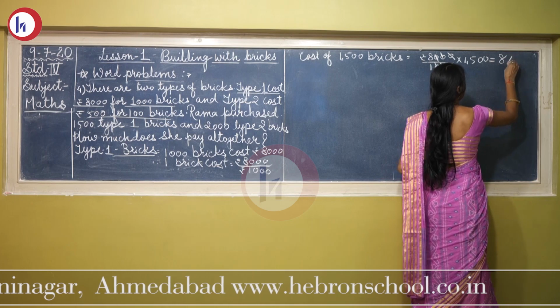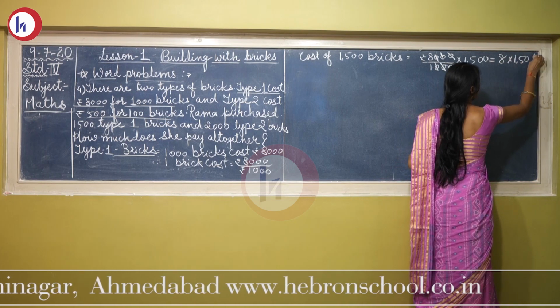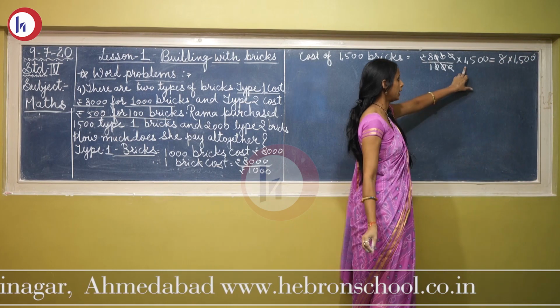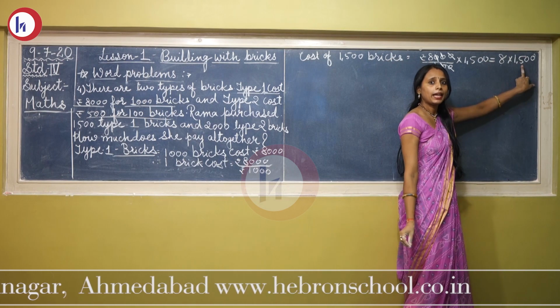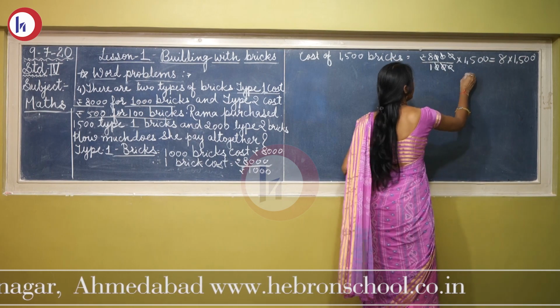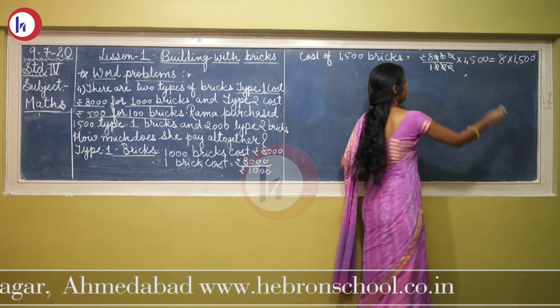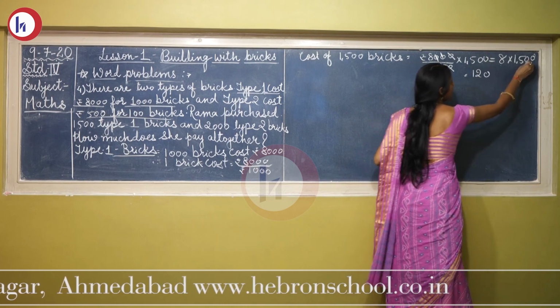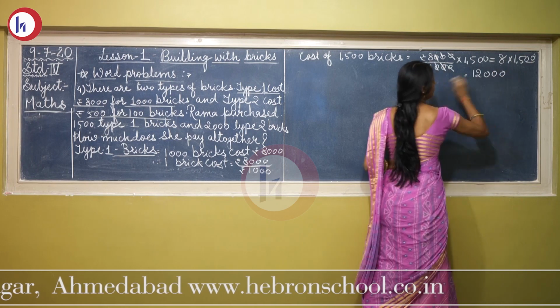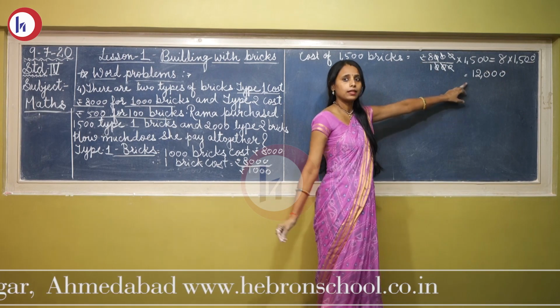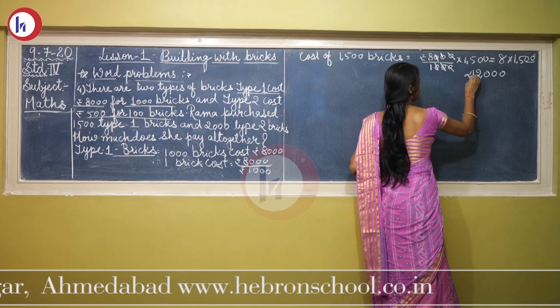So 8 multiplied by 1,500. Now see, 8 multiplied by 15. Take the table of 15. 15 8s are 120. So 120 and these 2 0s will be put here. 12,000. The answer is 12,000 rupees.